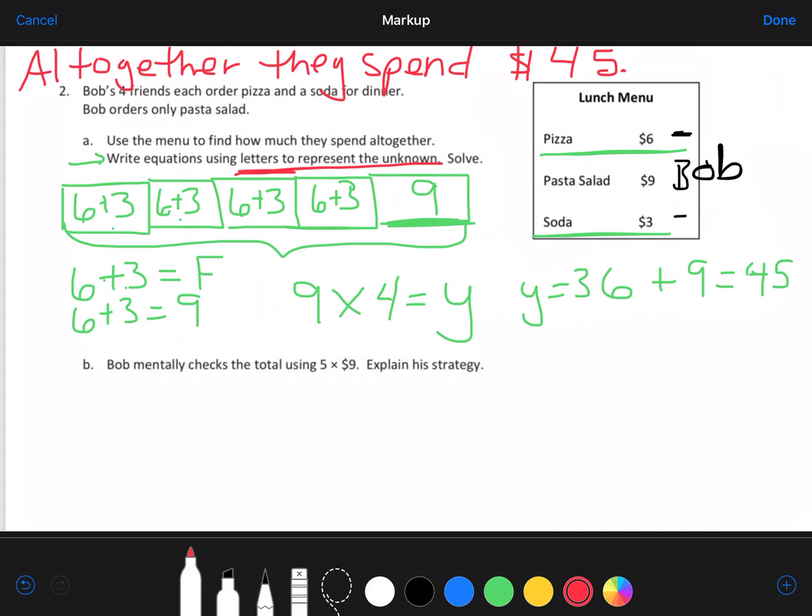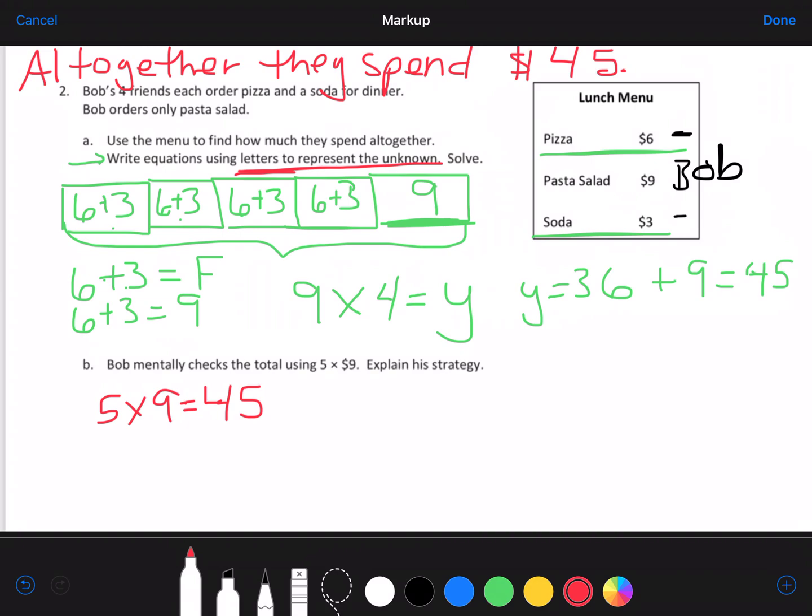Part B says, Bob mentally checks the total using 5 times 9. Explain his strategy. Well, first we should see if we believe the strategy works. So 5 times 9 does equal 45. You would know by counting by 5. So let's try that. 5, 10, 15, 20, 25, 30, 35, 40, 45.